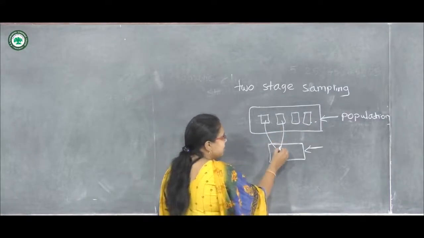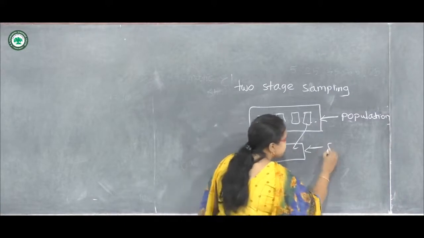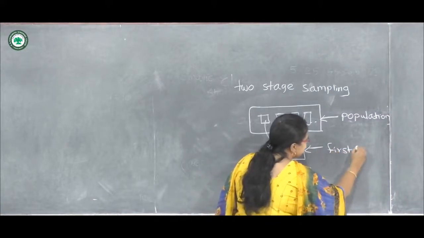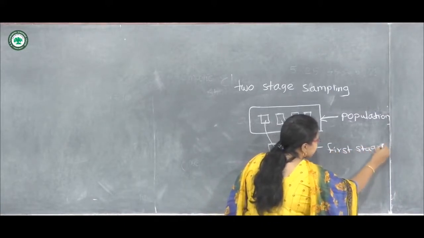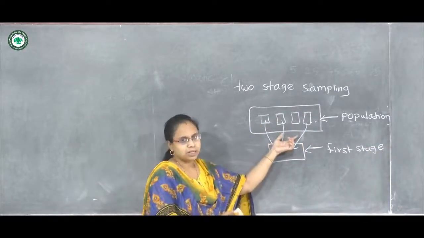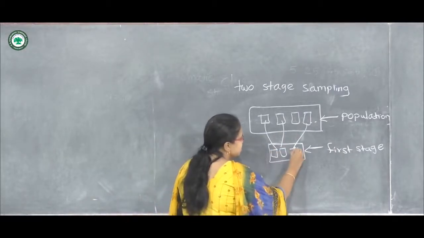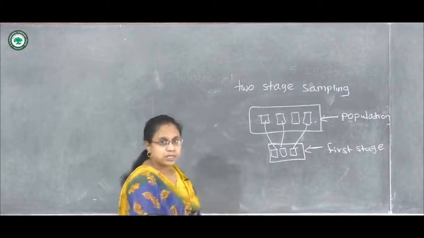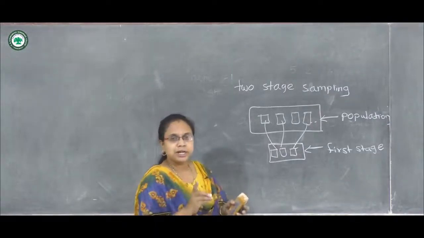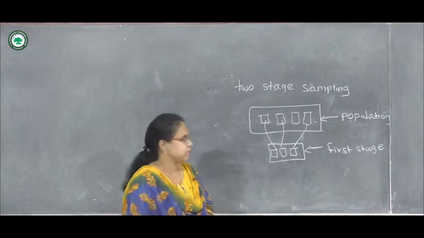Then we can select clusters as the first stage unit. So at the first stage we are going to select some clusters. If these 3 clusters are selected in my first stage sampling, then they become the population for the next stage.